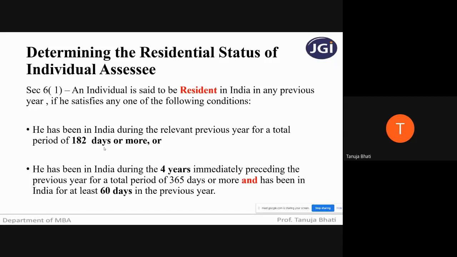Remember students, the day he is leaving India for going to USA, that day also will be counted as stay in India. And the day he is arriving into India, that day also will be counted as stay in India. So why am I telling you all this? Because for calculating the number of days, this is what has to be considered. His arrival or departure day from India has to be counted as a day in India.